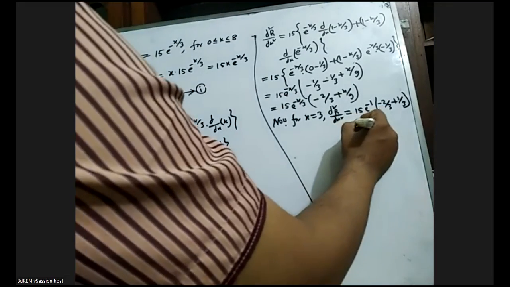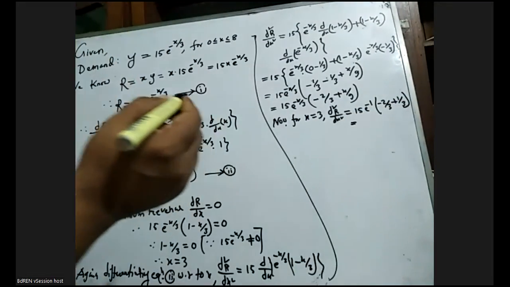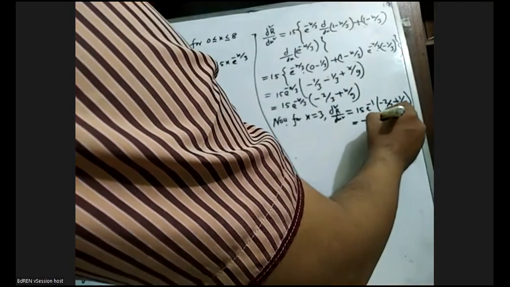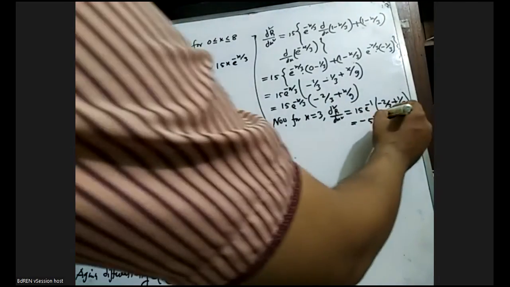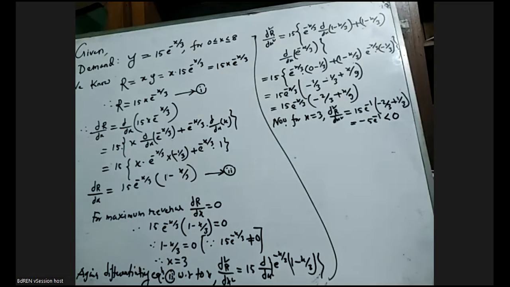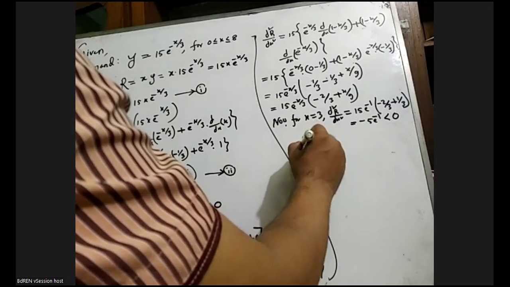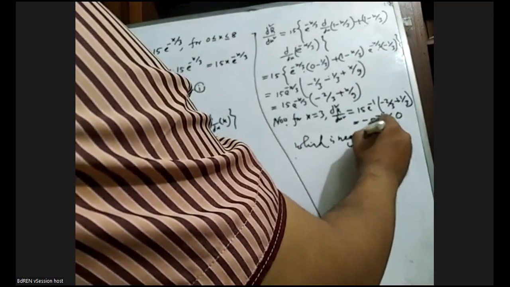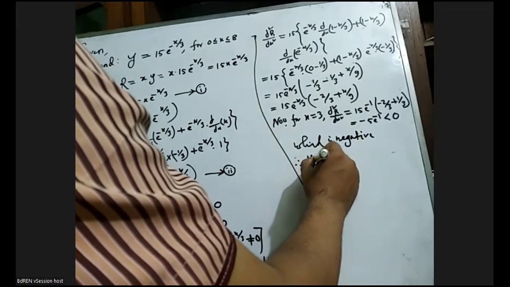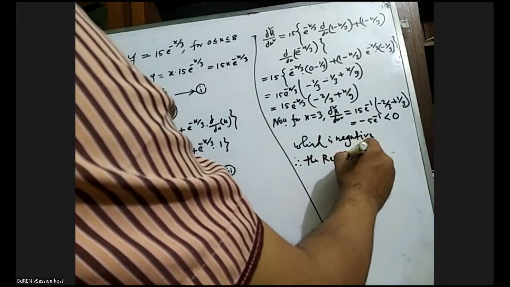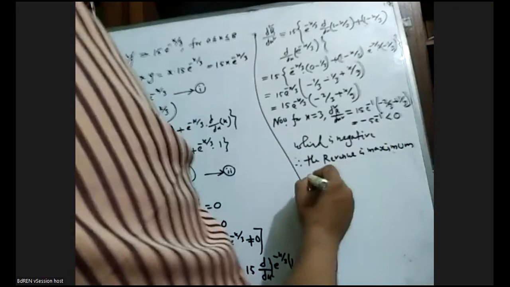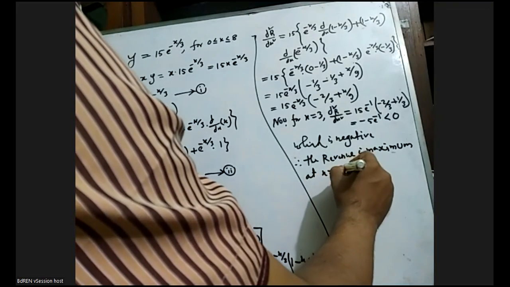So we get minus 5 e to the power minus 1. So this is obviously less than 0, which is negative. Therefore, the revenue is maximum at x equals 3 units.